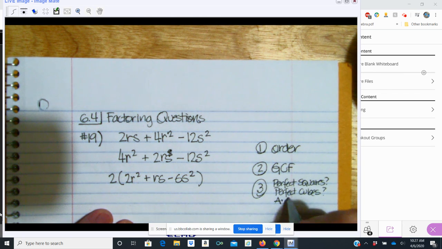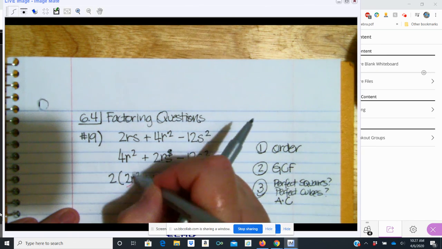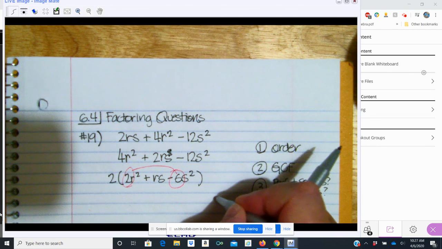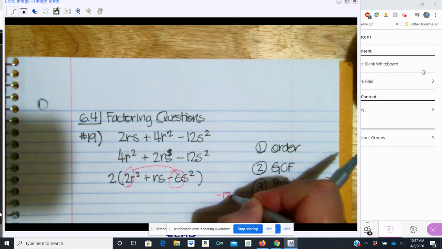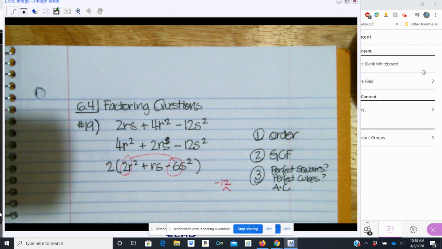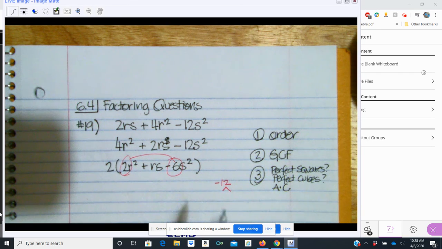So then I'm going to do the A times C. So what factors of a negative 12 can I add to give me a positive 1?